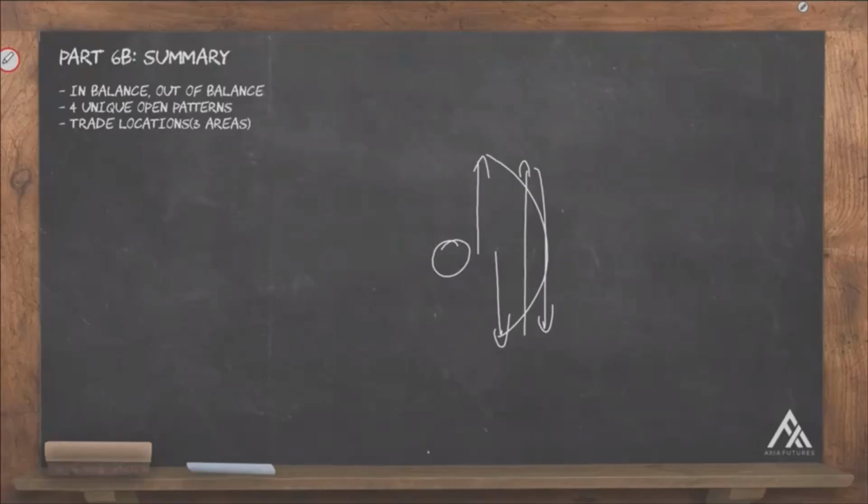Now, there's a high tendency to find this open in both balanced and imbalanced markets. The important thing is to identify early on, if the market's auctioning on both sides of the open, there's a high likelihood of early balance, or let me rephrase, early distribution in the market. So those are the four types of opens we spoke about.